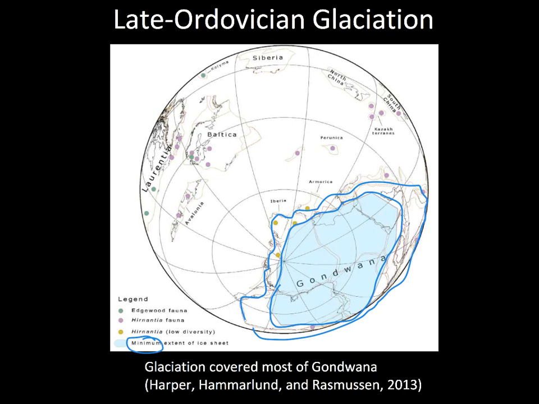Especially in sea environments that are near coastlines because the water's shallower there and a lot more nutrient rich and warmer. And so you can see these networks here. And these are the types of networks that would have been starting to rapidly change if sea level fell. Ocean life, which was very complex at this point, the most complex life at this point was marine, would have definitely been affected by this. Terrestrial life, well, because there's large sheets of ice covering the terrestrial landscape, would have also been affected.